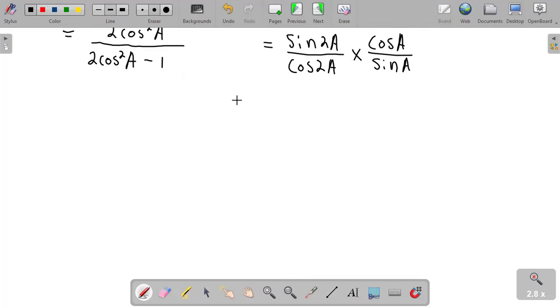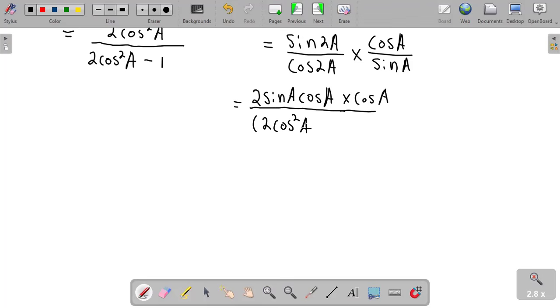So this is equal to 2 sine a cos a, divided by 2 cos squared a minus 1, multiplied by cos a over sine a.